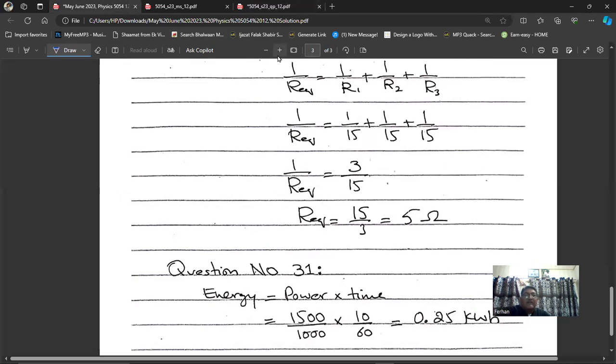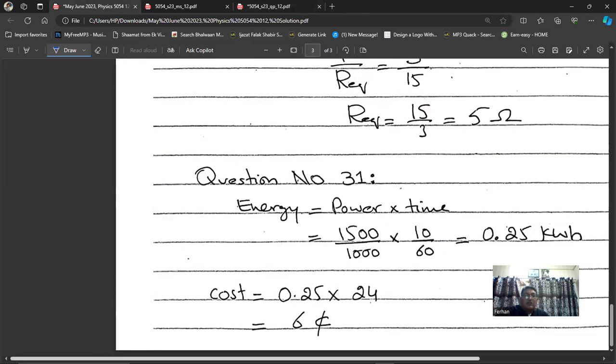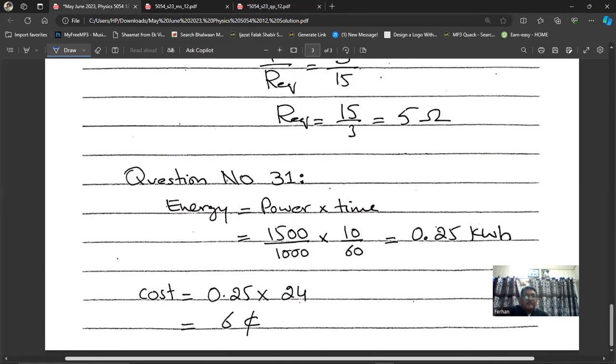So here, let me show you, question number 31. Energy is equal to power multiplied by time. That's 1500 divided by 1000 to convert the watts into kilowatts, multiplied by 10 divided by 60. Why am I dividing by 60? Because I'm converting the minutes into hours. So you will have 0.25 kilowatt hours.